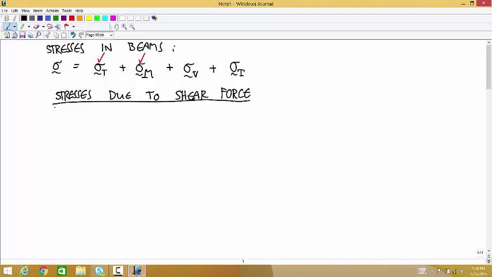So we didn't have much in the way of requirements for the beam when we were talking about the stresses due to tension and compression. We had a couple of requirements when we're talking about stresses due to bending. They had to be more or less straight, and they had to be prismatic.